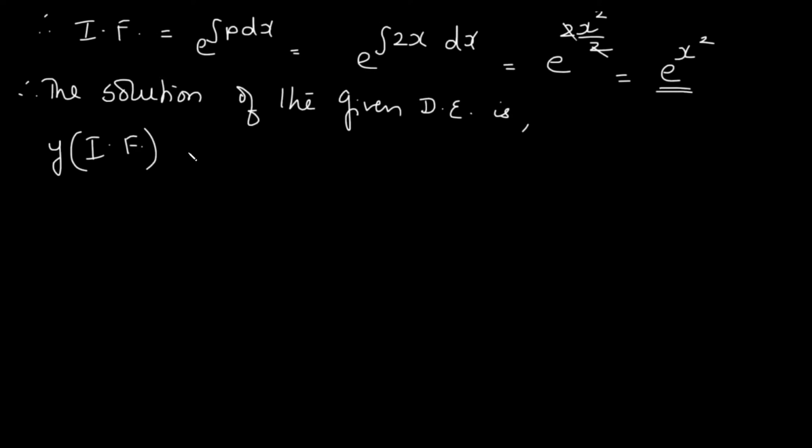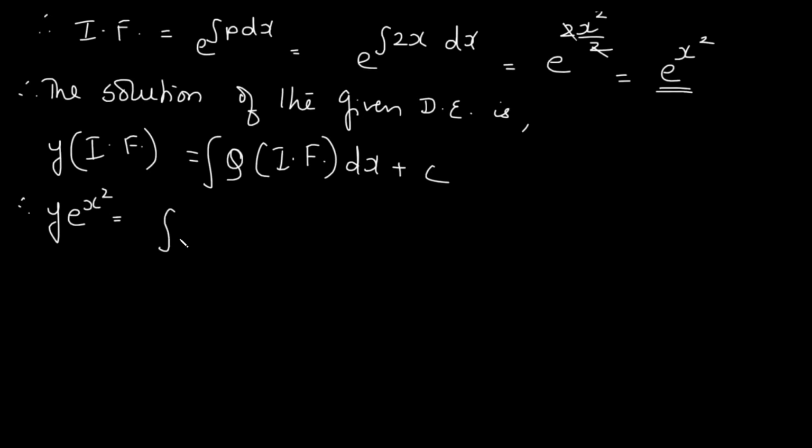So y into integrating factor is equal to integral of Q into integrating factor dx plus c. So we get y into e raised to x square is equal to integral. Now for us the Q term was x, so as a result, x into e raised to x square dx plus c.